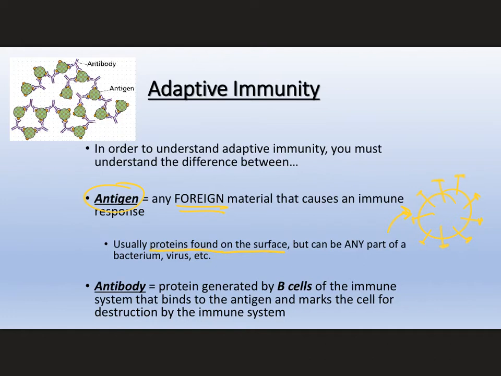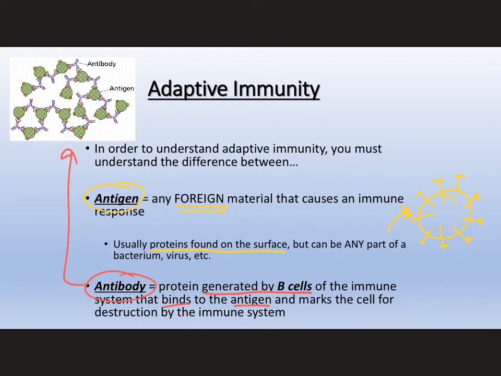Now that is in opposition to a similar word, antibodies. Antibodies are generated by your B cells. And the way I always remember this is antibodies come from my body, right? These are proteins that our B cells make that will attach to an antigen and lead to its destruction.